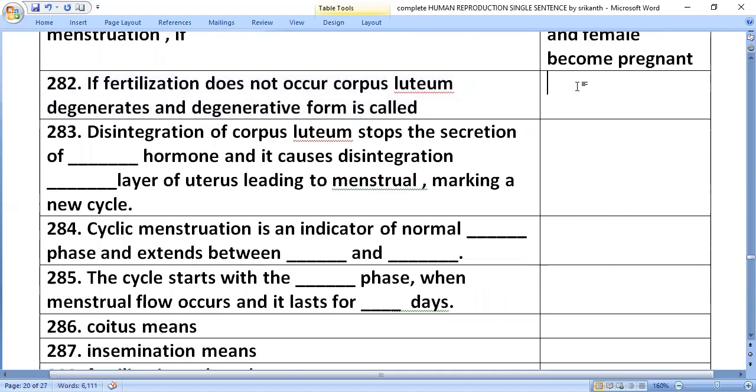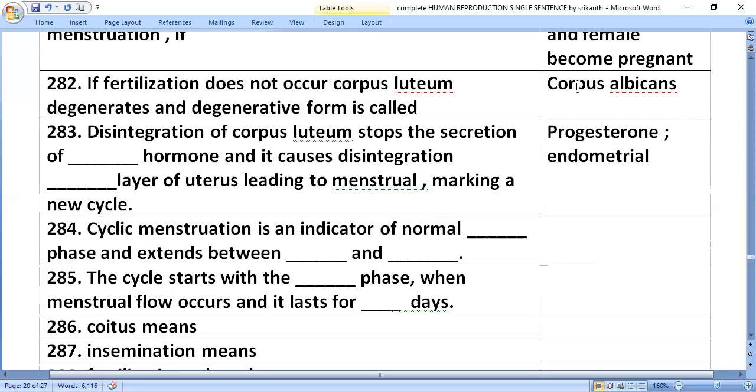If fertilization does not occur, the corpus luteum degenerates and the degenerative form is called corpus albicans. Disintegration of the corpus luteum stops the secretion of progesterone hormone, and it causes disintegration of the endometrial layer of the uterus leading to menstruation, marking a new cycle.